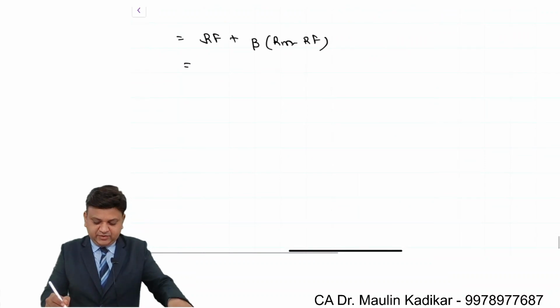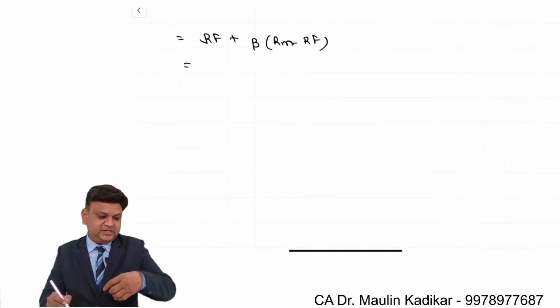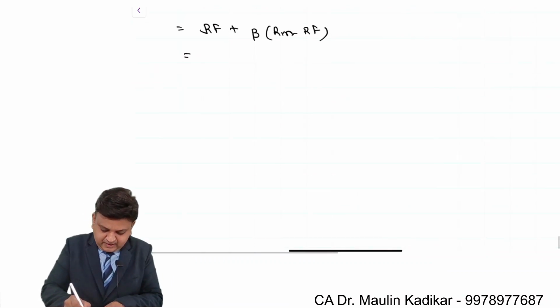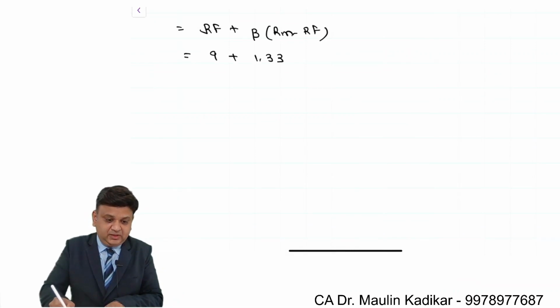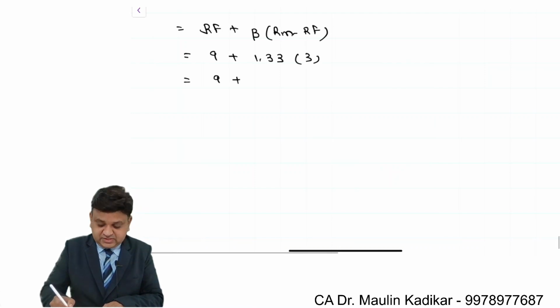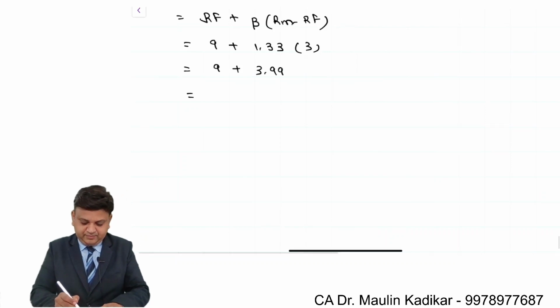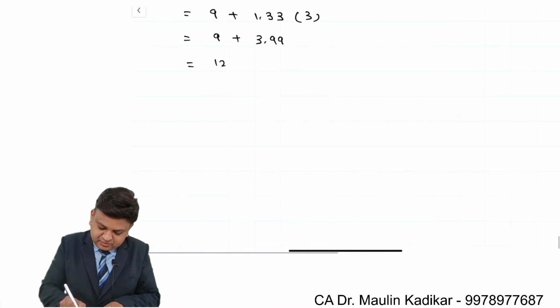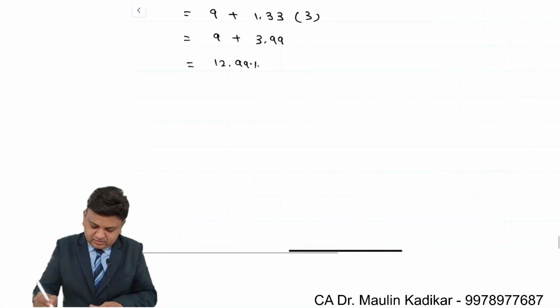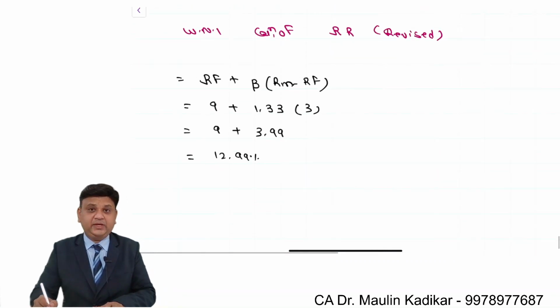The risk-free rate of return is provided to us as 9%, beta is 1.33, RM minus RF is 3. 9 plus 3.99, that comes to 12.99. That is the way the required rate of return can be calculated.